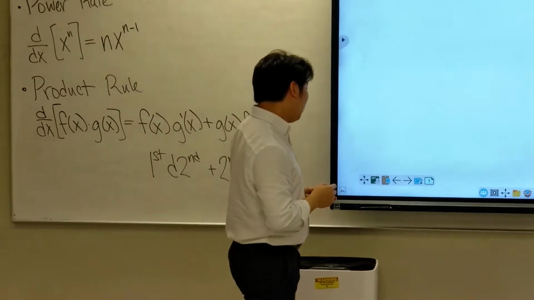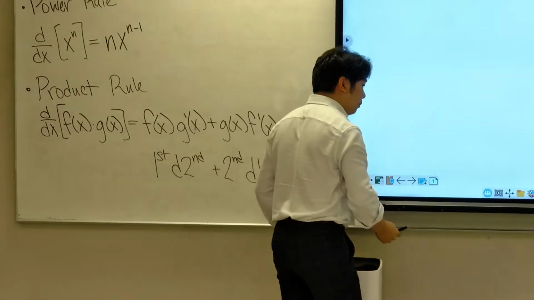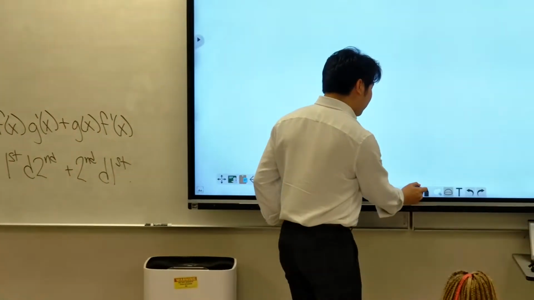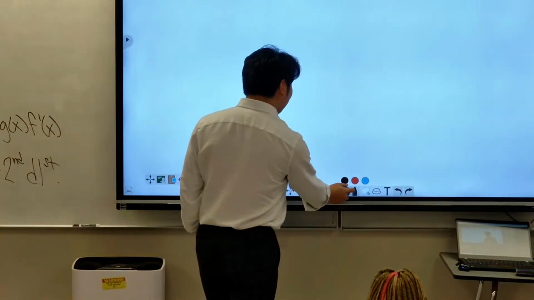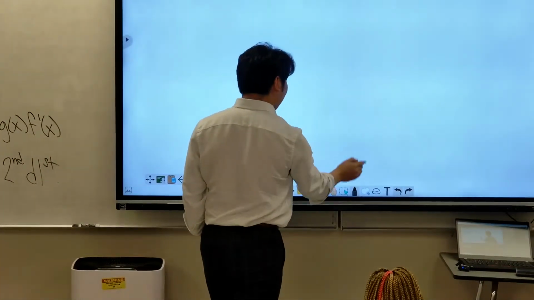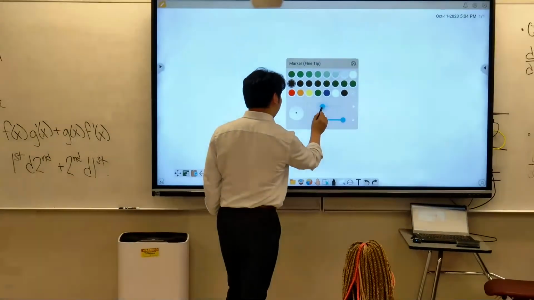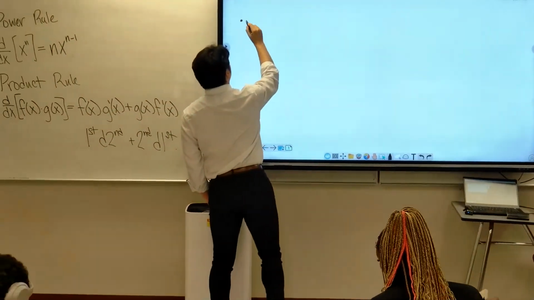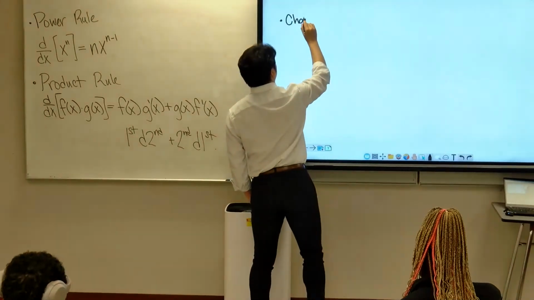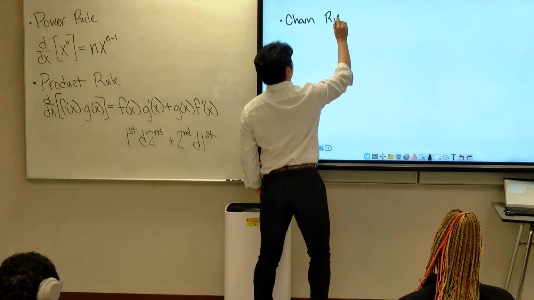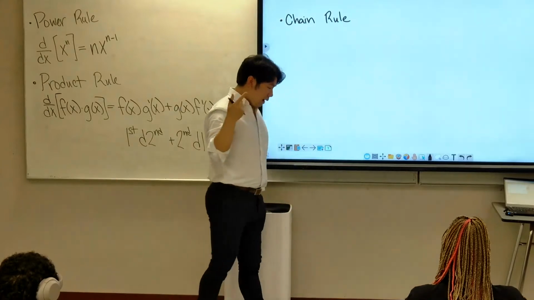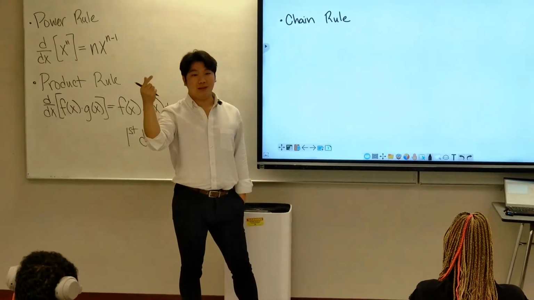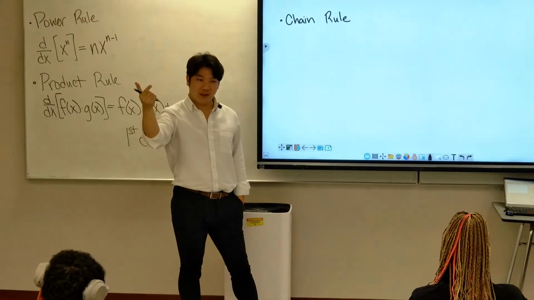We still got plenty more. And go ahead. Chain rule. We definitely use chain rule a whole lot. Let's put this in black. Make that a little bit larger. So chain rule. And I'm not going to write the formal version out because we often use it in terms of taking the derivative of each layer.